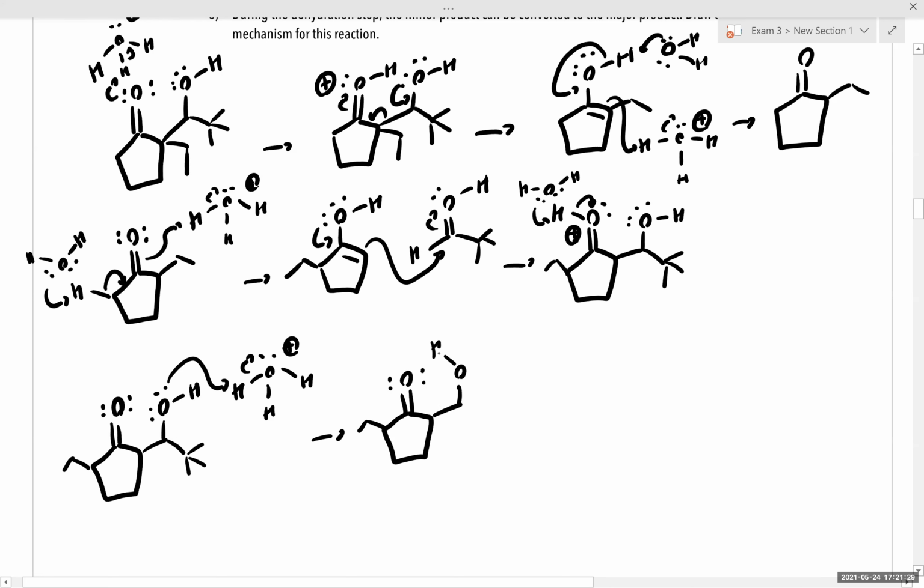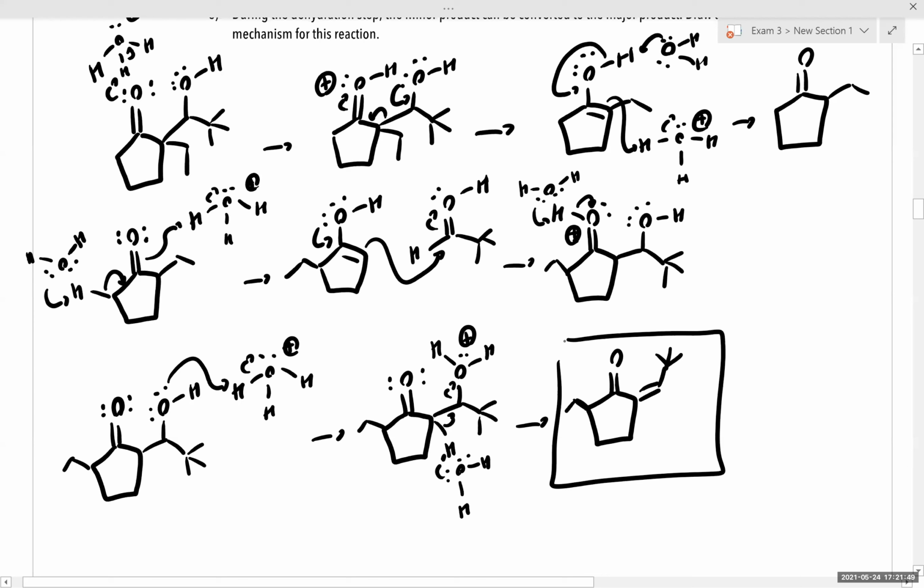We've now activated our alcohol as a leaving group. And from here, water can abstract a proton. We eliminate, and that gives us our desired aldol dehydration product. So this shows how even the minor beta hydroxy ketone obtained can be converted into the major dehydration product.